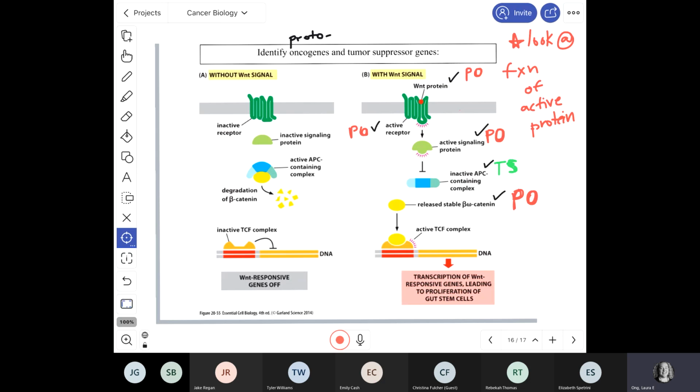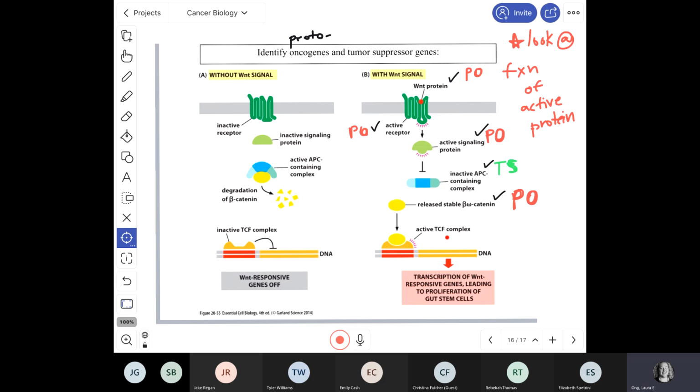If there was one gain of function in one copy of beta catenin, that's enough to push a cell toward excessive cell division and toward cancer. But for something like the APC complex here, that's a tumor suppressor, and you would need to lose both copies of your APC gene to promote cancer.